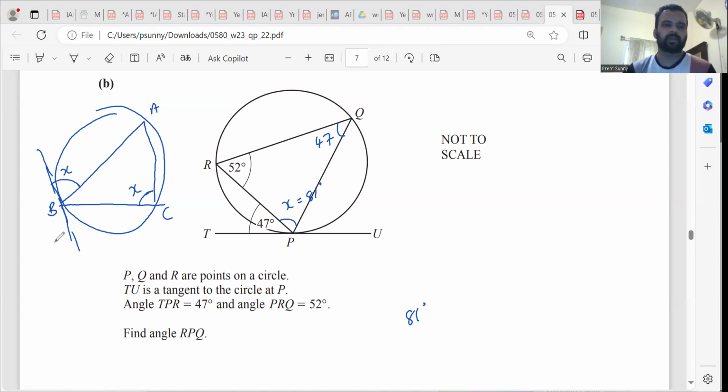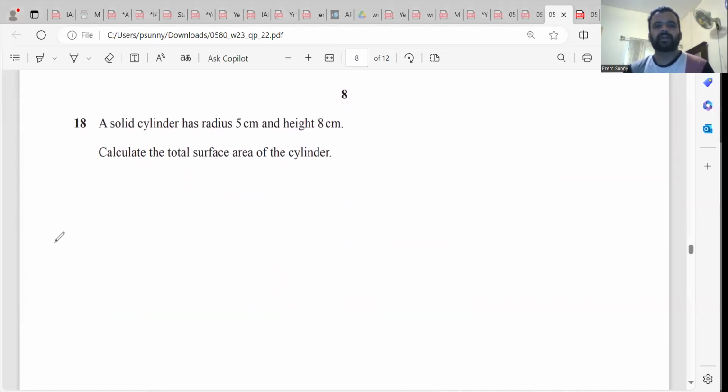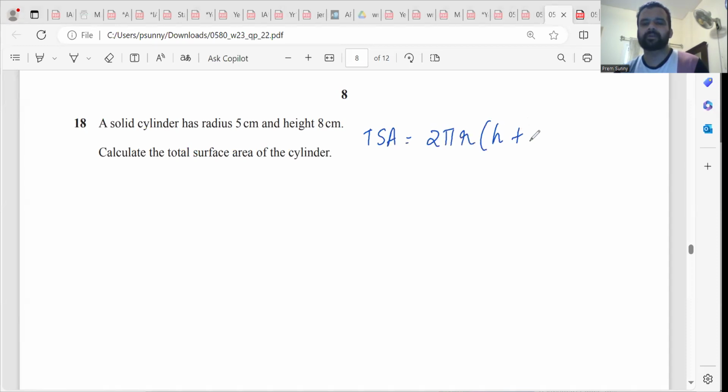Moving on to the next one here. The solid cylinder has radius 5 centimeters and height 8 centimeters. Calculate the total surface area. For the total surface area of a cylinder, we need to know the formula: 2 pi r into h plus r. Substitute in this formula: 2 pi into r is 5, into h plus r.